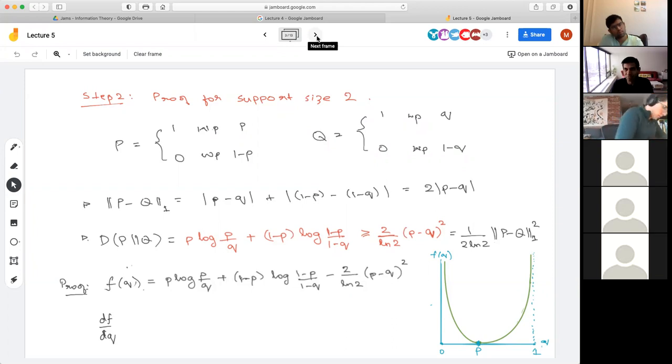And the KL divergence is this quantity. And we want to show that it's greater than or equal to 1 over 2 ln 2 times the L1 distance squared. So you just plug in the calculation from the previous line, you get this. So what we need to do is prove this inequality written in red.